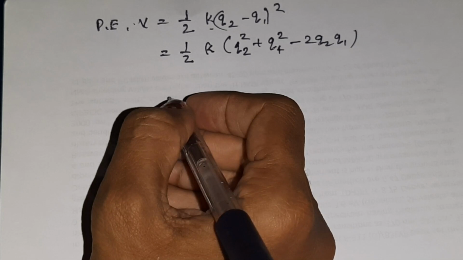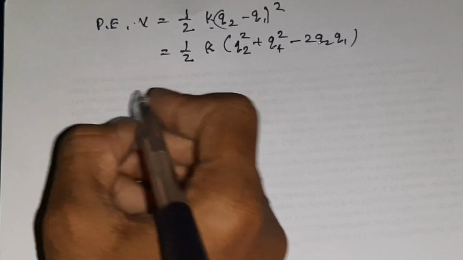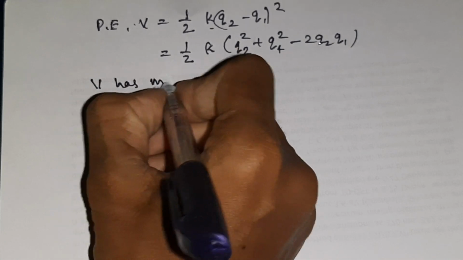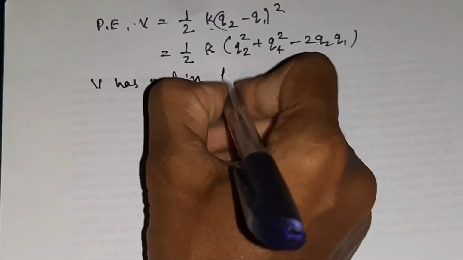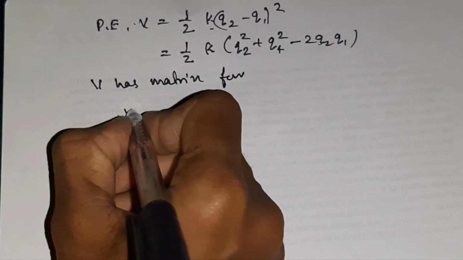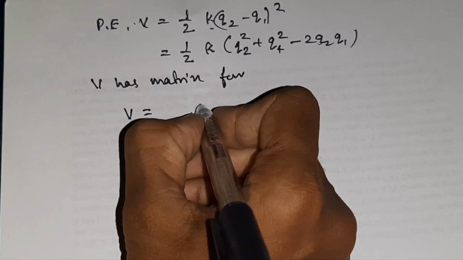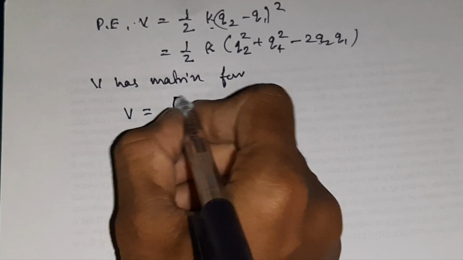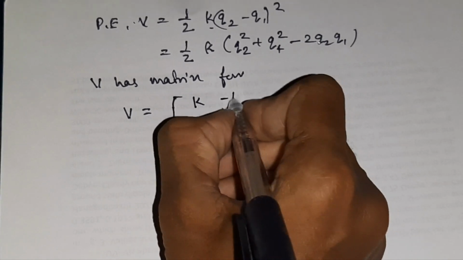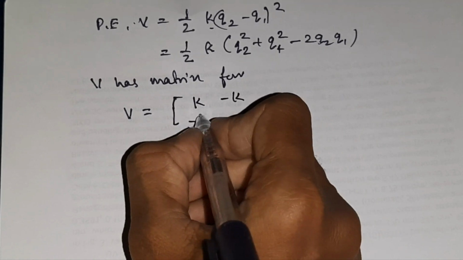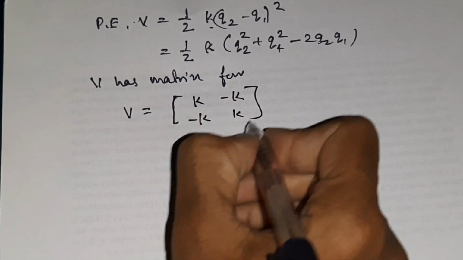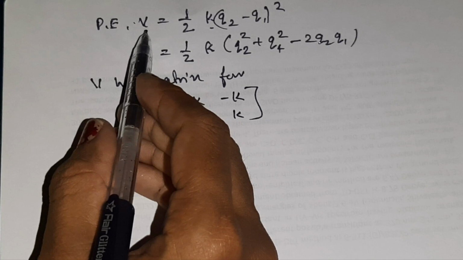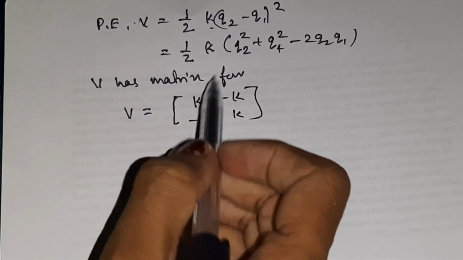Hence the potential energy has the matrix form, in terms of K, with K and minus K, minus K and K. So we can represent potential energy like kinetic energy in terms of matrices.